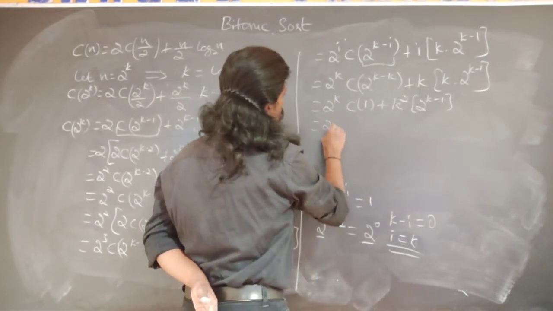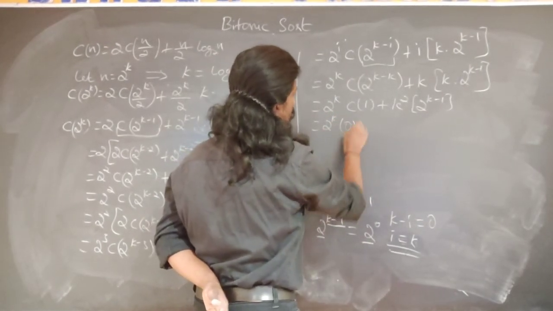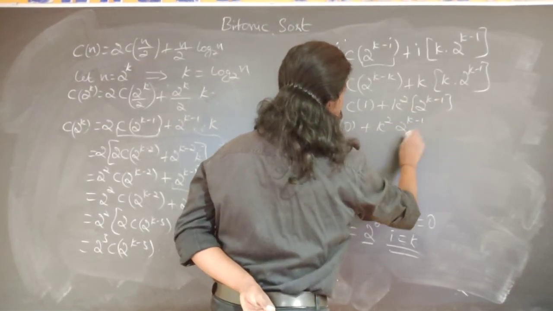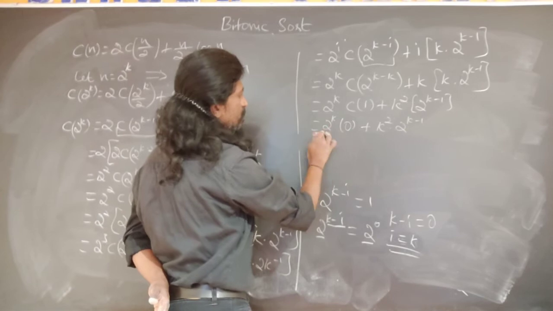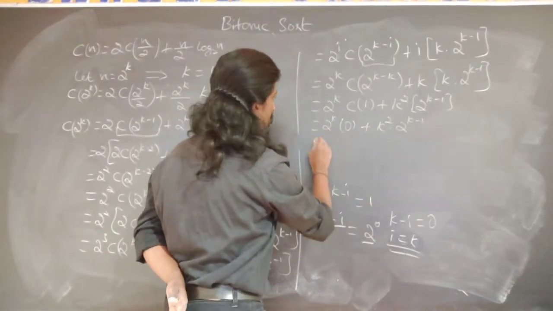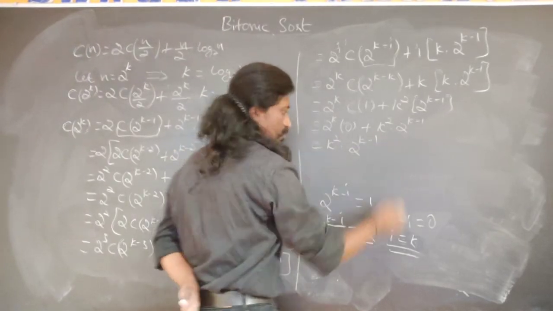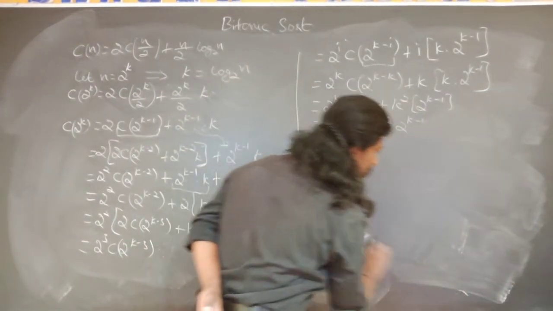Now 2 to the power of k, C of 1 is 0, so 2 to the power of k into 0 plus k squared times 2 to the power of k minus 1. This term, 0 into something, will vanish, and we have only k squared into 2 to the power of k minus 1. Now how will we get the final answer?